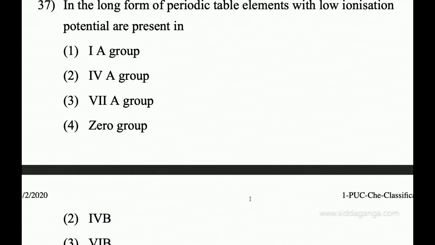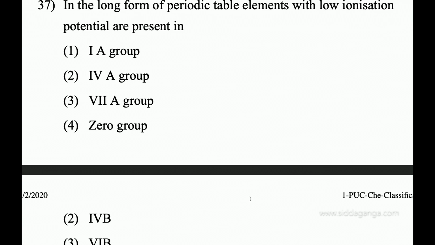In the long form of the periodic table, elements with a low ionization potential are present in the first A group. First A group elements have a small nucleus but large size. Since the size is large, the energy we supply to remove the electron is low, low ionization energy.